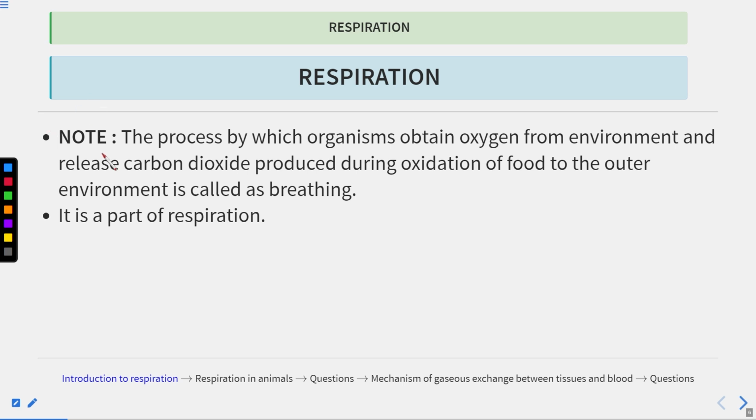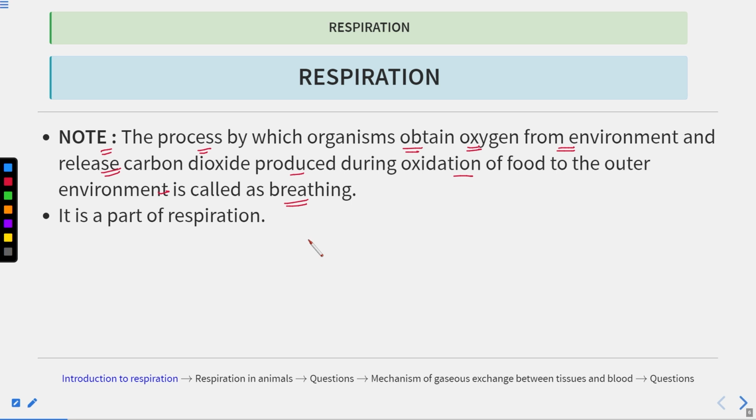Now here, I've given a note. The process by which an organism obtains oxygen from the environment and releases carbon dioxide produced during oxidation of the food to the outer environment is called breathing. You must have seen that during respiration also, oxygen is being utilized and carbon dioxide is being produced.